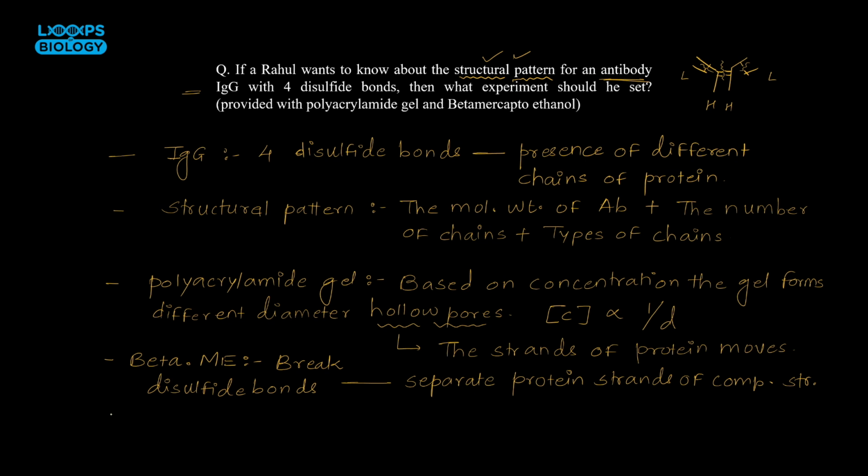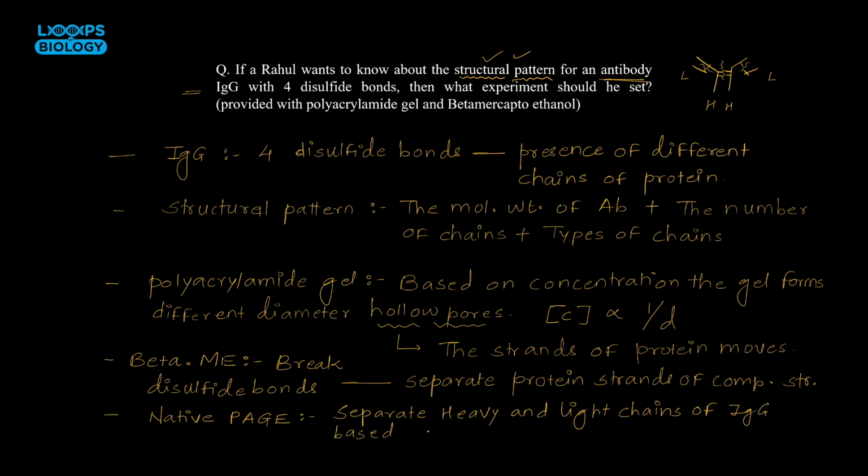So based on their molecular weight, we are using polyacrylamide gel inside a method called native PAGE, native polyacrylamide gel electrophoresis. In the presence of native PAGE, we can separate heavy and light chains of IgG based on molecular weight.